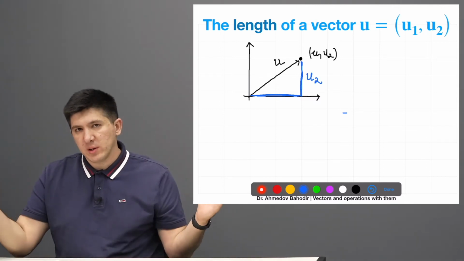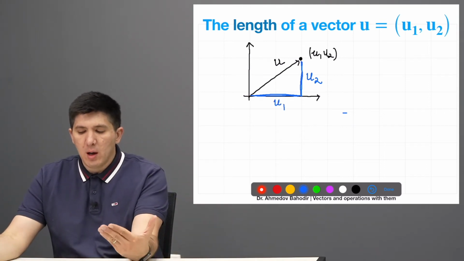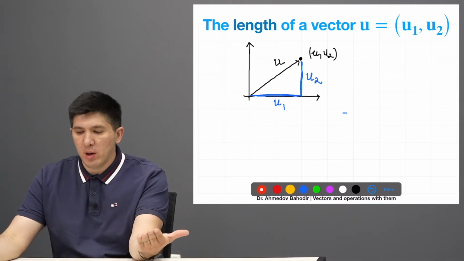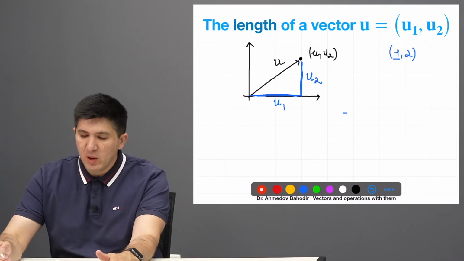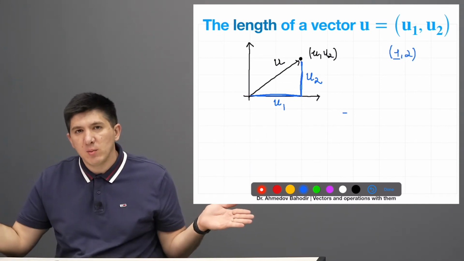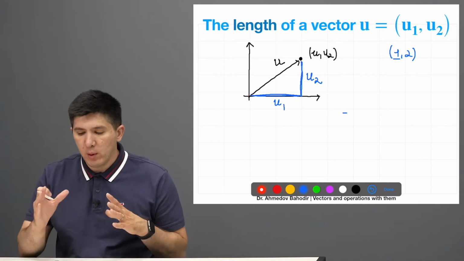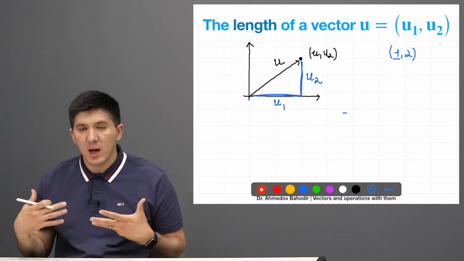And the width of this triangle is going to be u1, which is the x component of this point. So this is the concept of the point. If you would like to make a point with the coordinates, let's say 1 and 2, it means that you need to go in the x direction 1 unit and the y direction 2 units, right? So this is why we are going to have u1 as the width of this triangle and u2 as the height of this triangle.